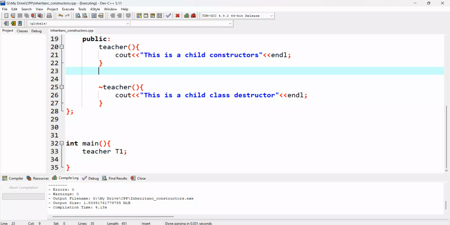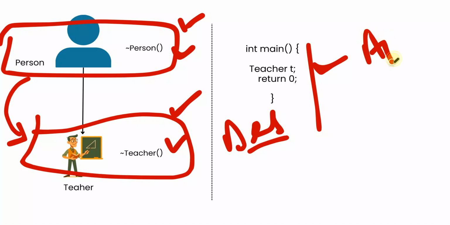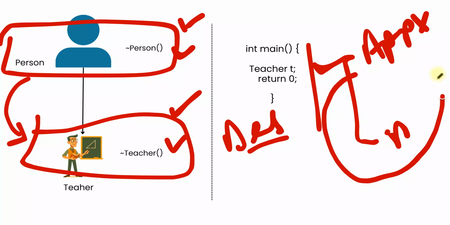Let me take you back over here. In the case of a destructor, for example, you have opened one application, and after clicking the links and other resources, you opened different tabs. If you close that application first, there are chances that the resources occupied by all these tabs may not be deleted properly.